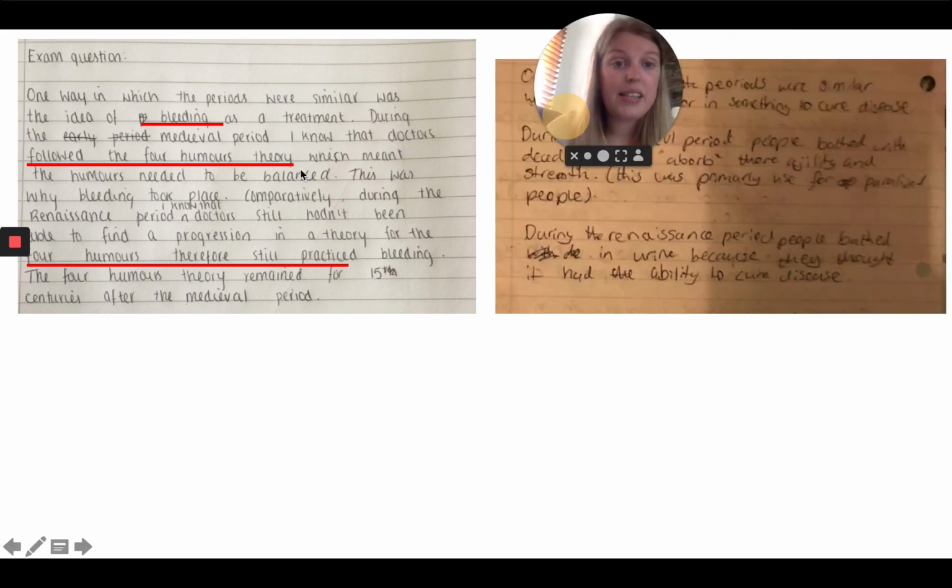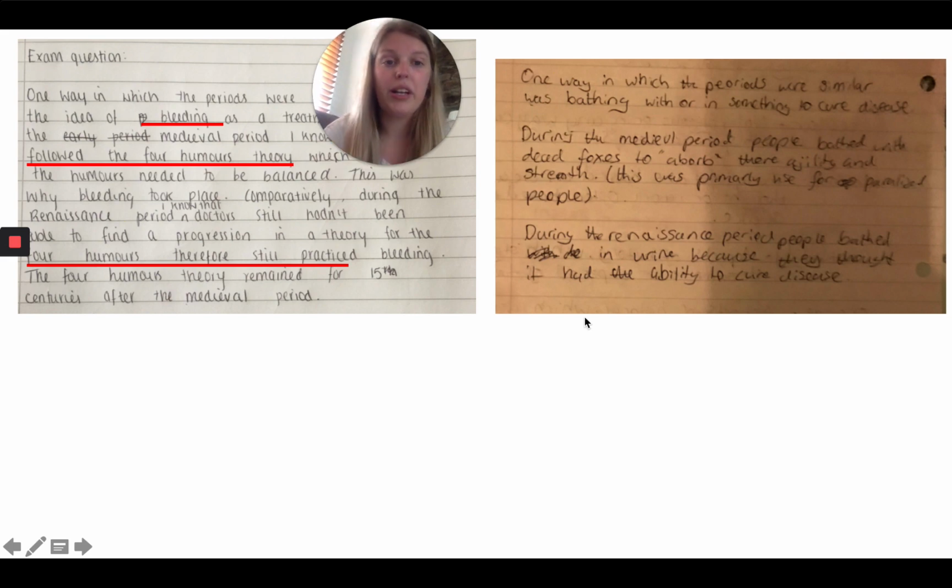This one is a slightly different approach, but still really nice. One way in which the periods were similar was bathing with or in something to cure disease. So they've chosen bathing as their similarity, which is a slightly more obscure similarity, but still really good. Okay, so during the medieval period, people bathed with dead foxes to absorb their agility and strength.